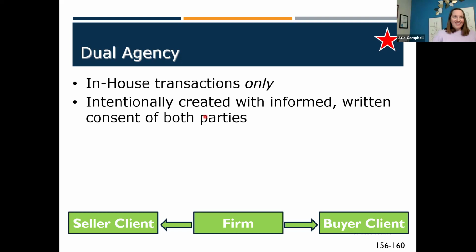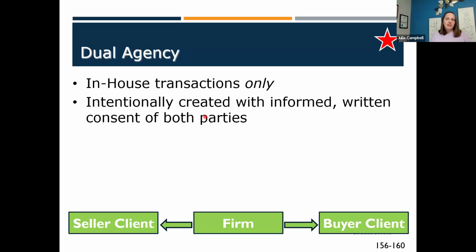I think off the bat, we can see where this is a conflict of interest. How do you have one firm trying to serve two kings? How do you have one firm trying to get both through the transaction? Here's the deal in dual agency.